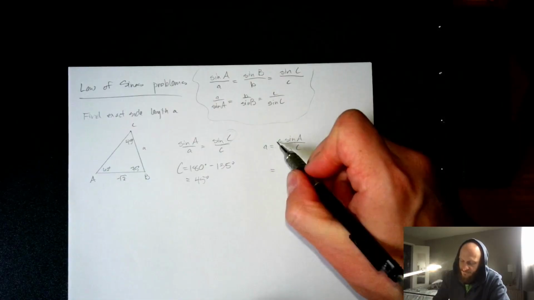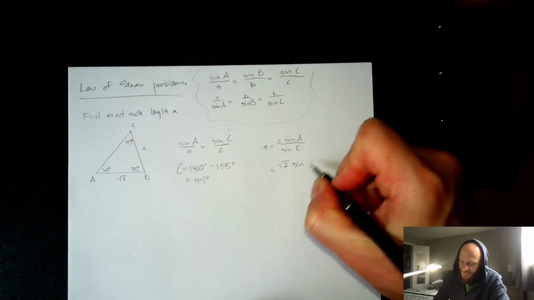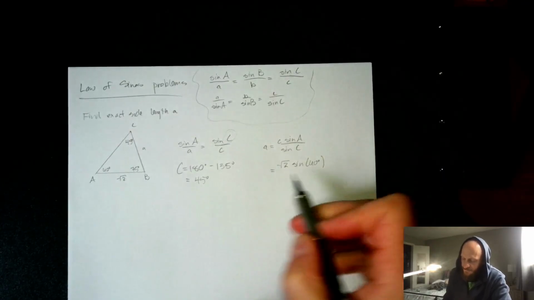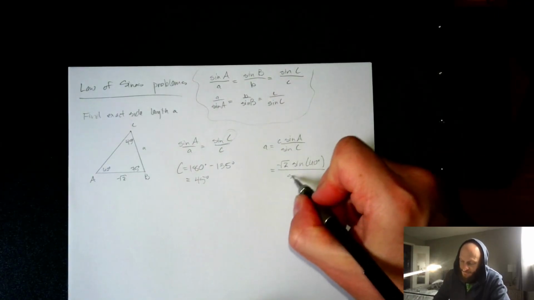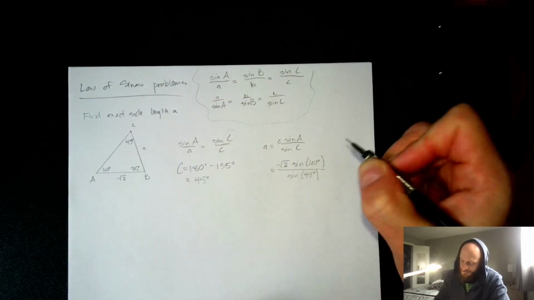We can fill things in, because side C is root 2, times the sine of A, which is 60 degrees, over the sine of C, which is 45 degrees.